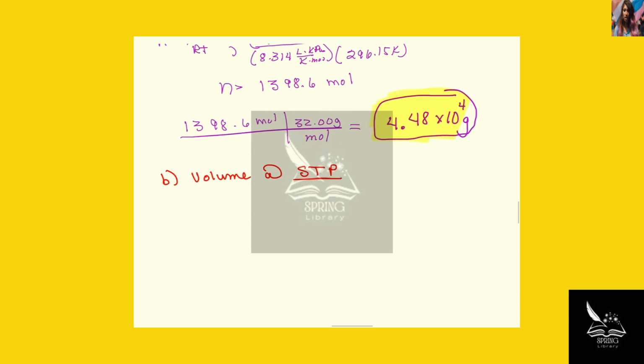Okay, so I know what my moles are. We had 1398.6 moles times 22.4 liters per mole. 1398.6 times 22.4 is 3.13 times 10 to the 1, 2, 3, 4 liters.